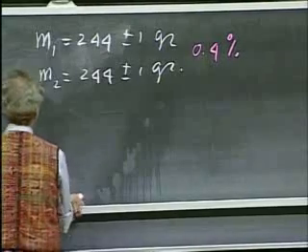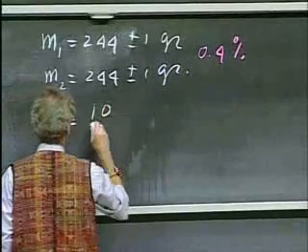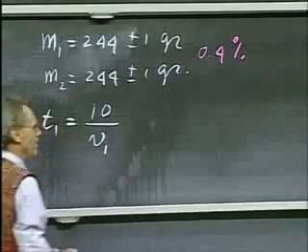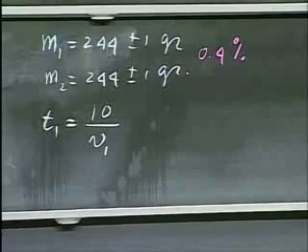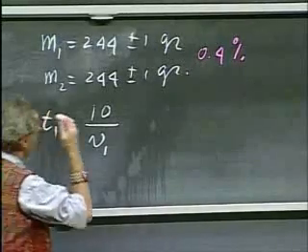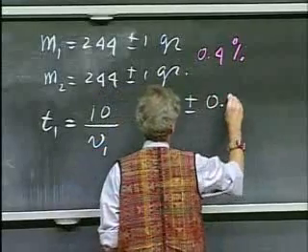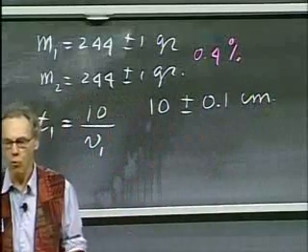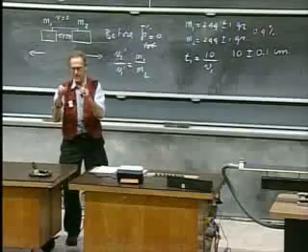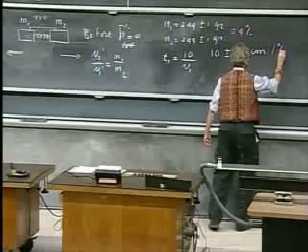The time that it takes for object number 1 to go 10 centimeters is obviously 10 divided by v1, which is the velocity that we want to compare them with. Now, the 10 centimeters is really only known to an accuracy of about 1 millimeter. So that is an uncertainty of 1% in my timing, in my velocity. So this is a 1% uncertainty.